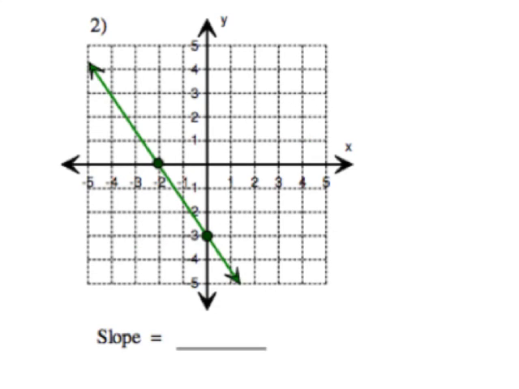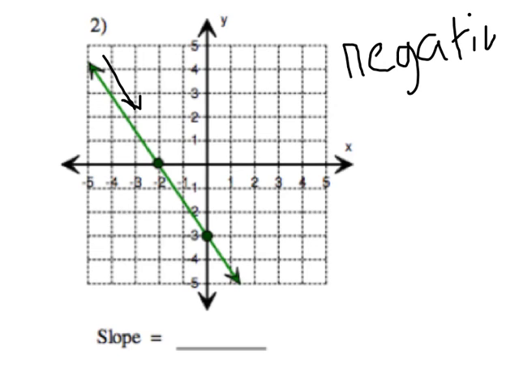Let's try the next one. First, is the slope of this line positive or negative? Our line is decreasing, so the slope of our line is negative. Now we're going to look at our 2 points. If I start at this point, how far do I have to rise to get to my second point down here?